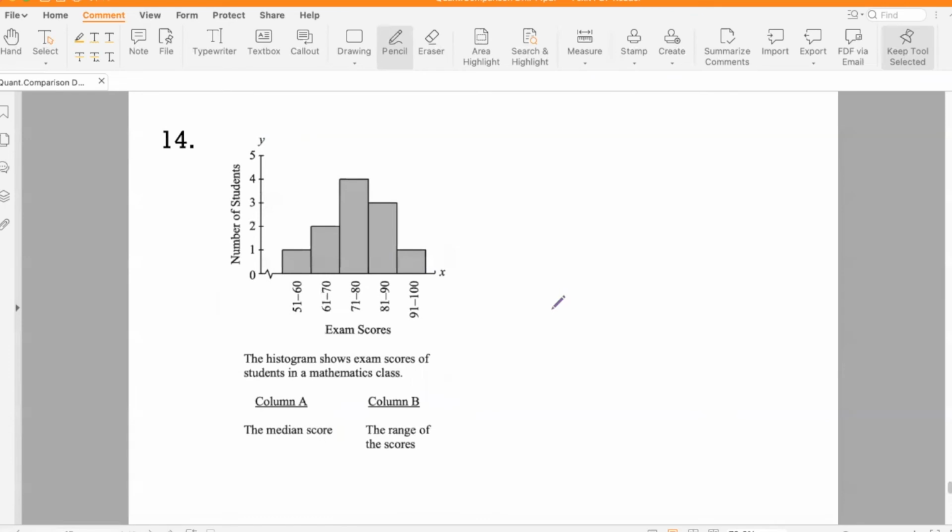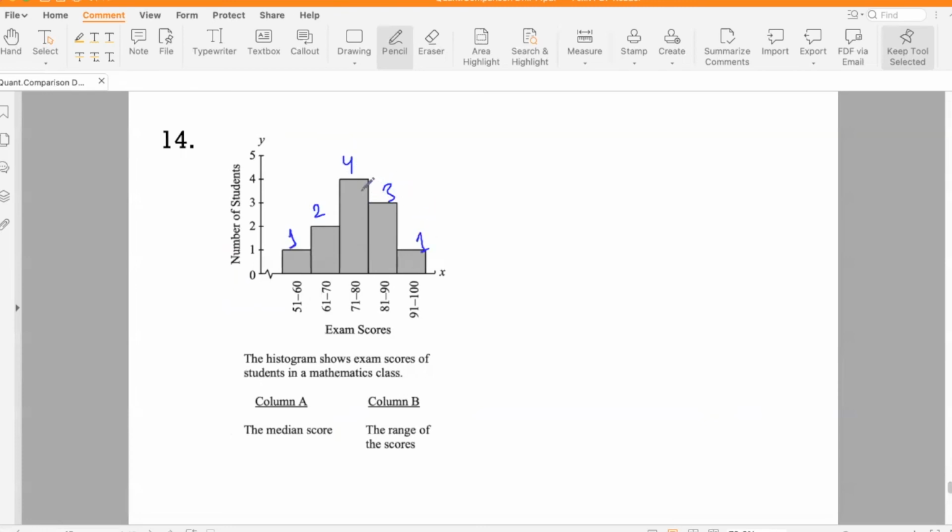Okay, the histogram shows exam scores of students in a math class. Column A is the median score and column B is the range of the scores. Okay, so let's first find the number of students. So this is 1, 2, 4, 3, and 1.